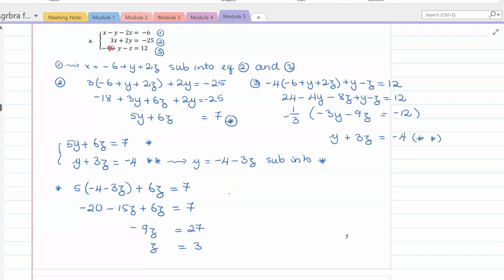You can use this equation here to solve for y. So y is equal to negative 4 minus 3 times z. Now that we have z and y, we substitute into this equation here to solve for x.